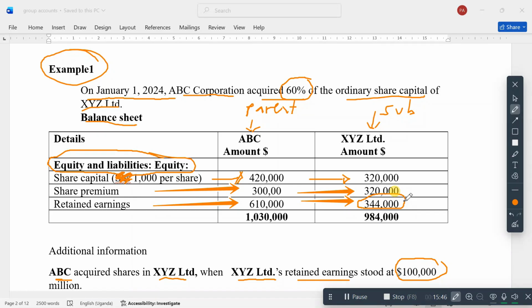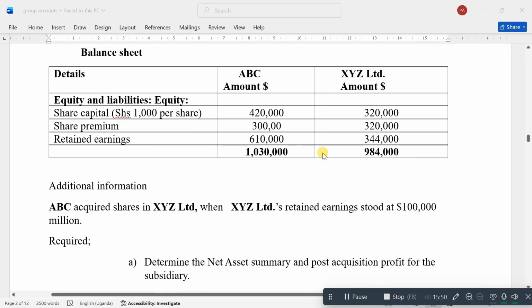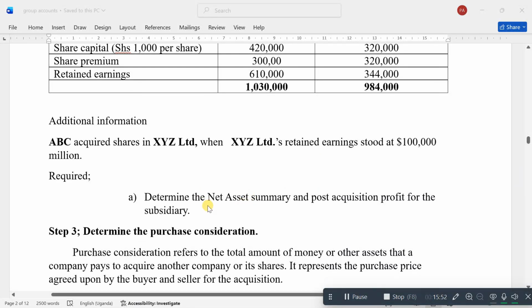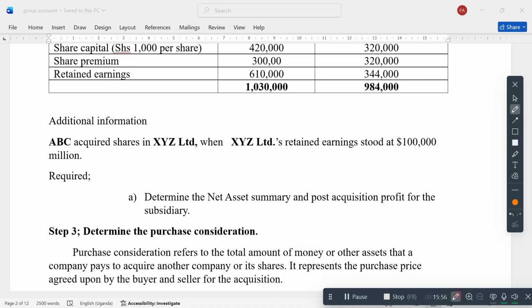Good. The question is, determine net asset summary and post-acquisition profit for the subsidiary.